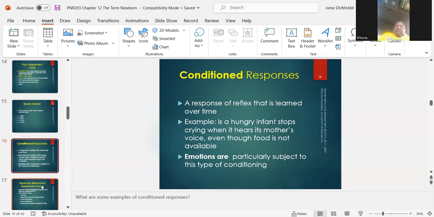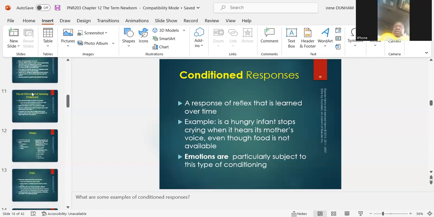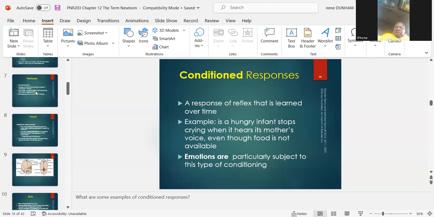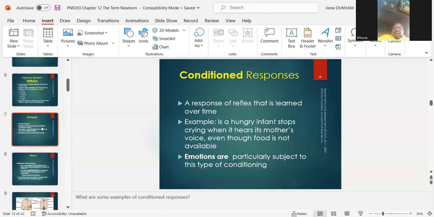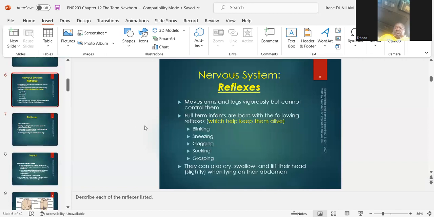So the nurse is aware that a full-term infant is born with what reflexes? Let me go back up here. Here we go.